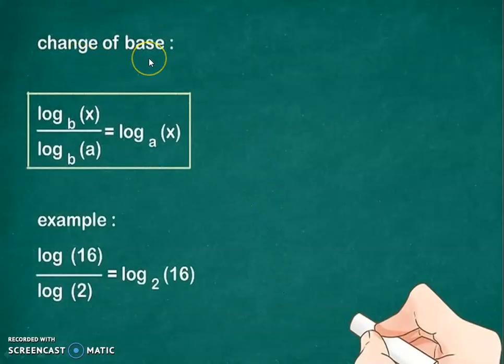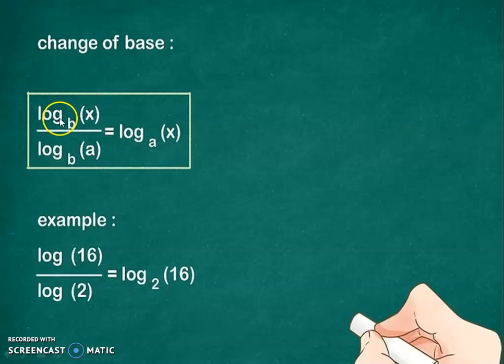The change of base rule also introduces a very important step in the reverse way. Suppose log x to the base b upon log a to the base b is equal to log x to the base a.